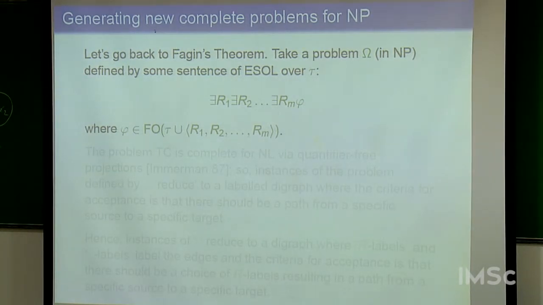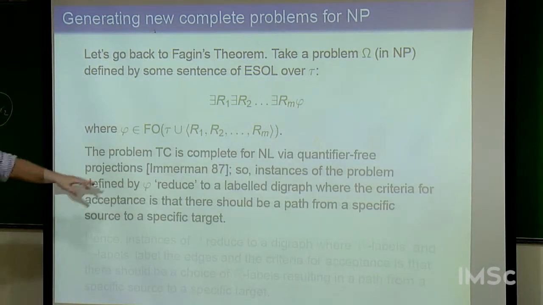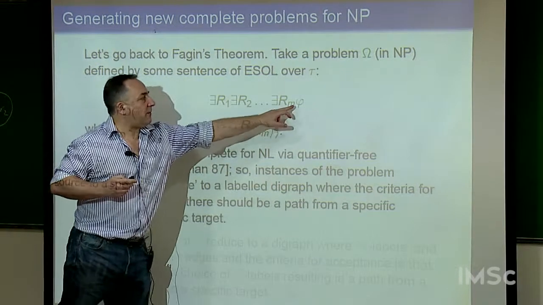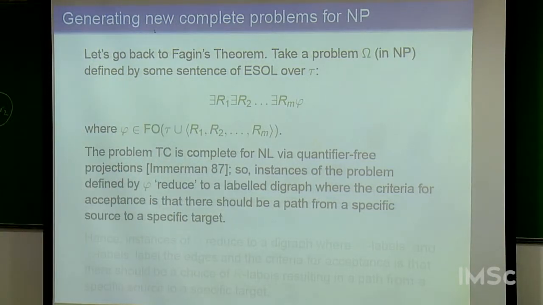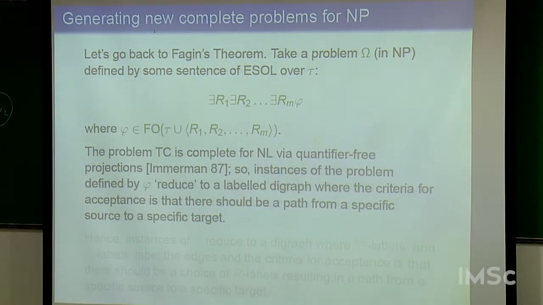So we could say, okay, well, it turns out the transitive closure is complete for non-deterministic log space via these quantifier-free projections. And anything first-order definable is in non-deterministic log space. That's easy.